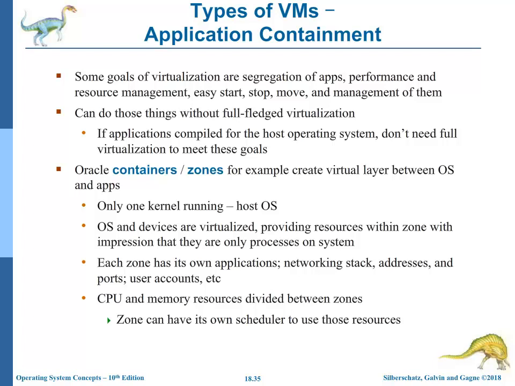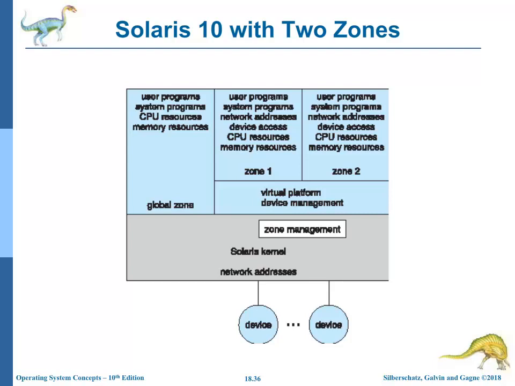So in this system, only one kernel is installed, and the hardware is not virtualized. Rather, the operating system and its devices are virtualized, providing processes within a zone with the impression that they are the only processes on the system. One or more containers can be created, and each can have its own applications, network stacks, network address and ports, user accounts, and so on.